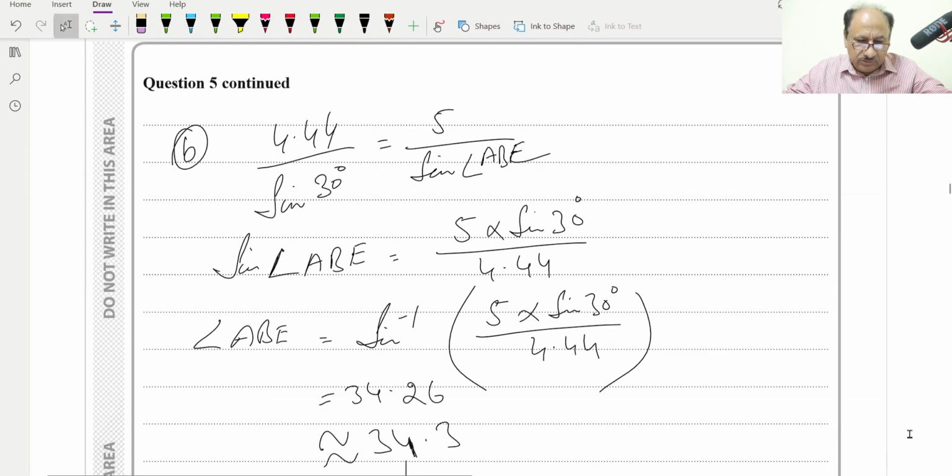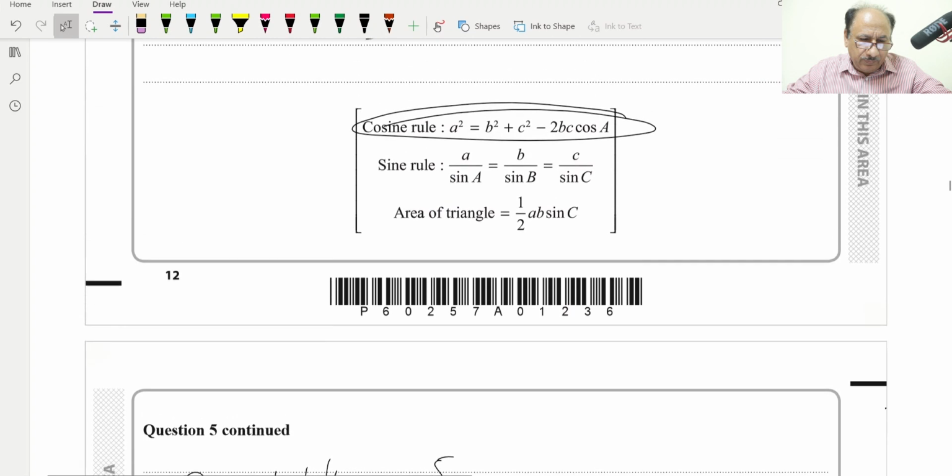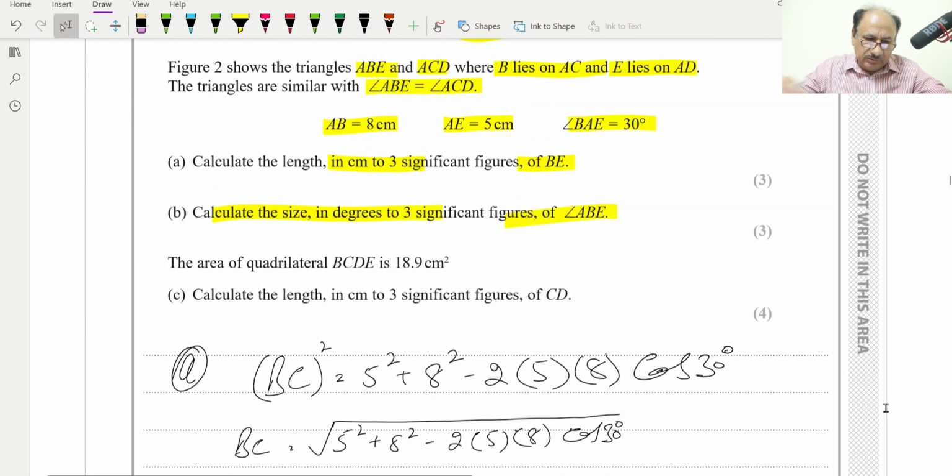And this is what we have done with this. This is in degrees. Now part C is asking for what? The area of the quadrilateral BCDE is 18.9. Calculate the length in centimeters, to three significant figures, of CD.